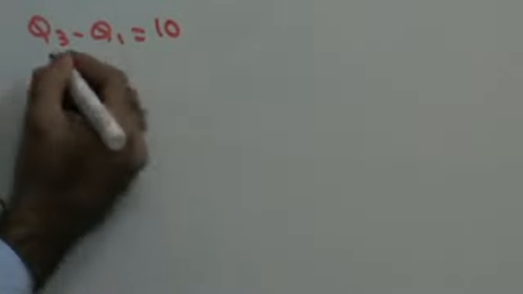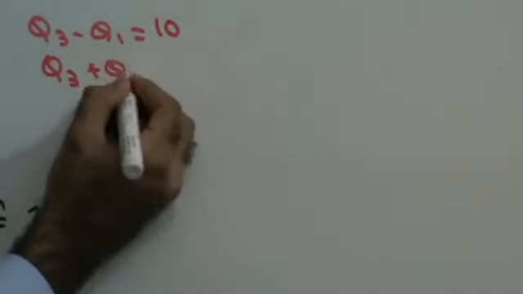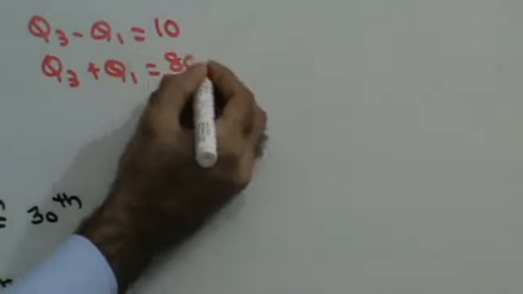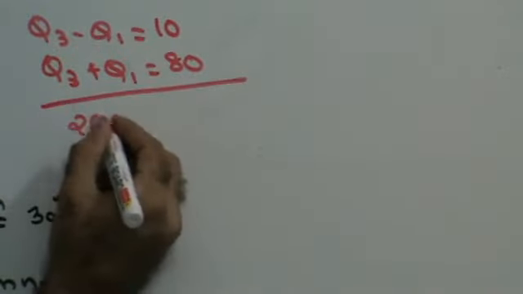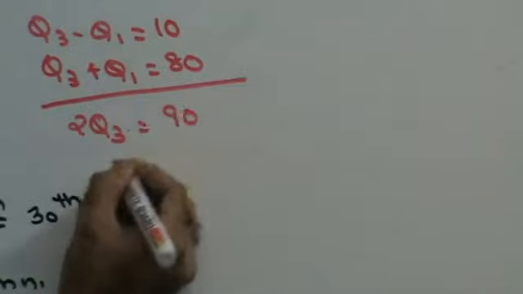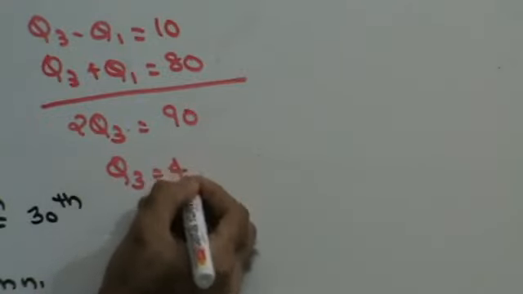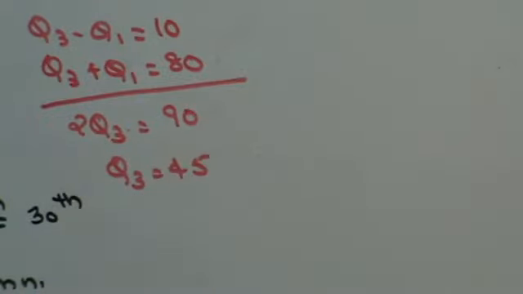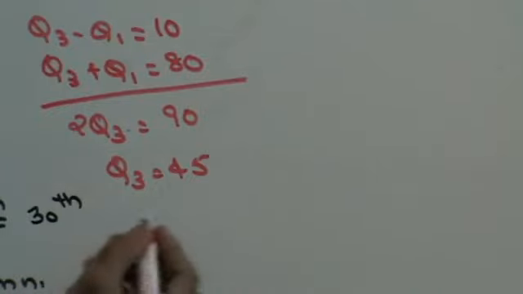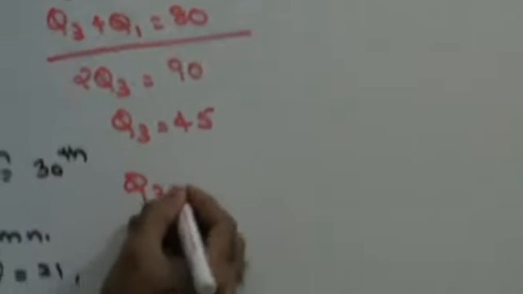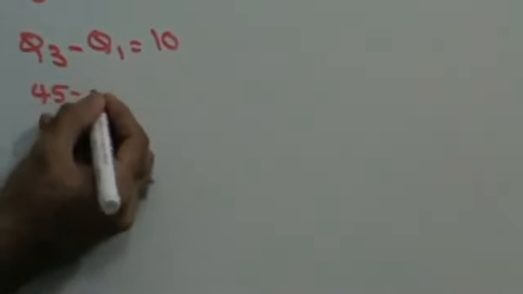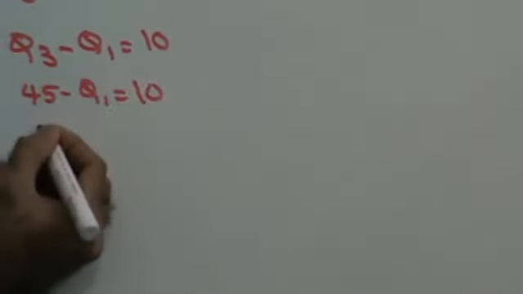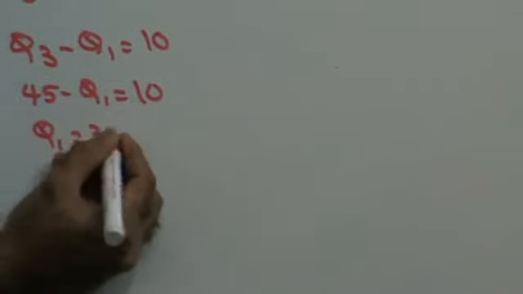Q3 plus Q1 is given to you as 80. Solve the two equations simultaneously, so I get twice Q3 is equal to 90, so Q3 will be equal to 45. Substitute Q3 in either equation to get Q1. 45 minus Q1 is 10, so Q1 is equal to 35.